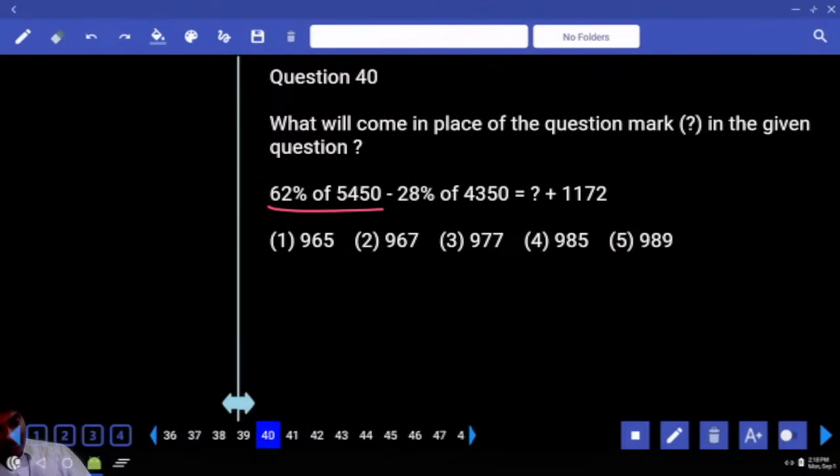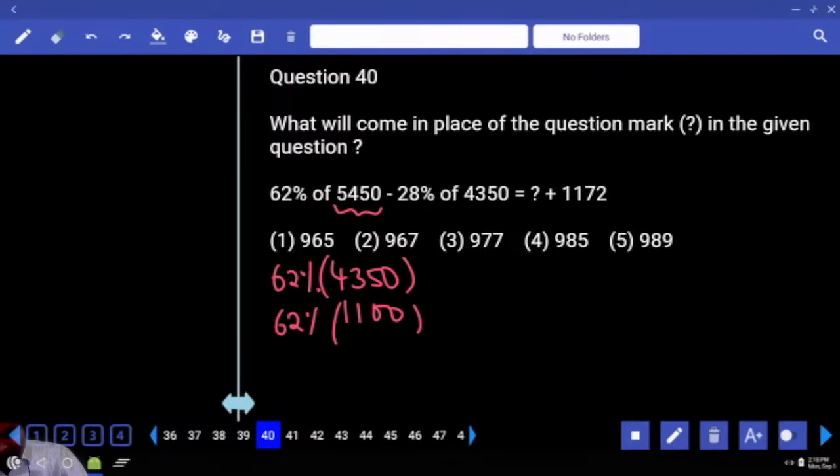Fine. I'll change this number 5450 to 4350 plus 1100. Is that okay? Come on. 62% of this number. 62% of this number. The sum will be equal to 62% of 5450.